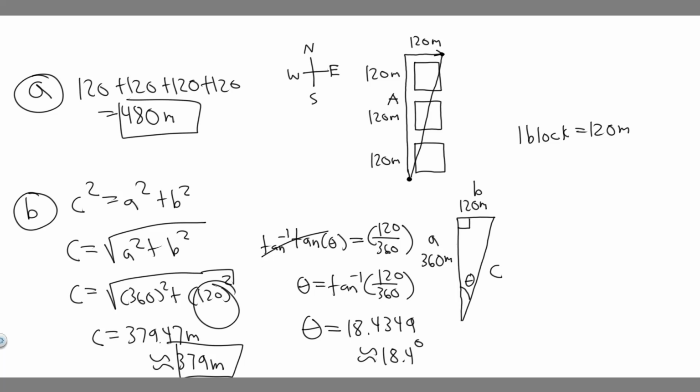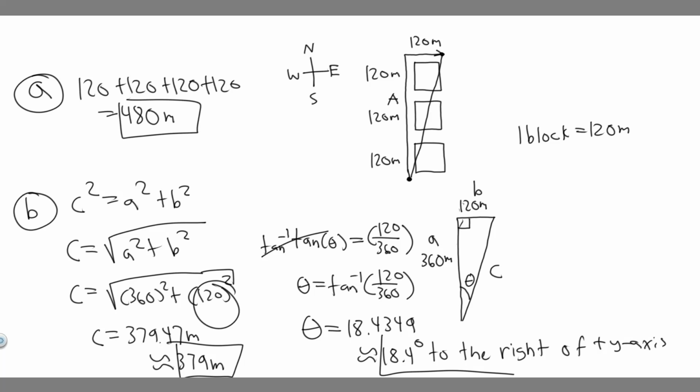So it's 18.4 degrees, but you want to specify exactly where that angle is going. Keep in mind, if we say that this is the y-axis, it's going to be 18.4 degrees to the right of it. So you would say 18.4 degrees to the right of the positive y-axis, because it's upwards, so I'm doing a plus sign for positive.